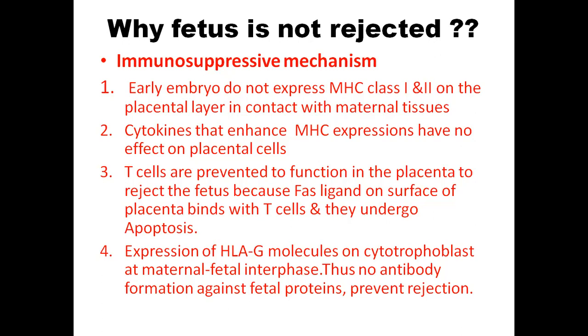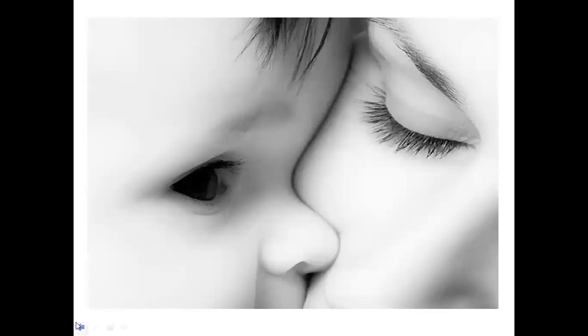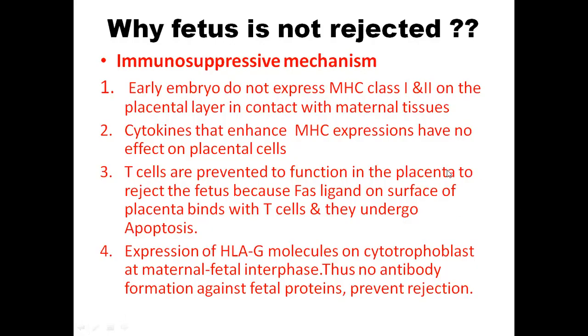Number two, T cells are prevented from functioning on the placenta because of Fas ligand. Fas ligand on the surface of the placenta binds with these T cells and they undergo apoptosis. So we find that as the Fas ligand is more on the surface of the placenta, they undergo apoptosis and are prevented from acting on the placenta.